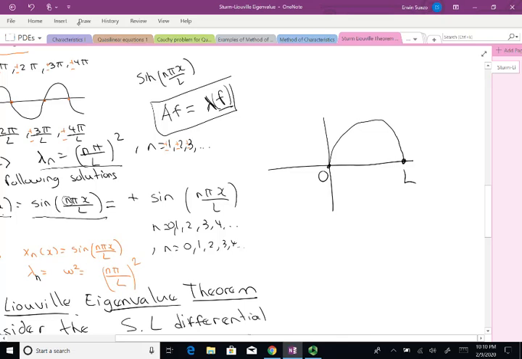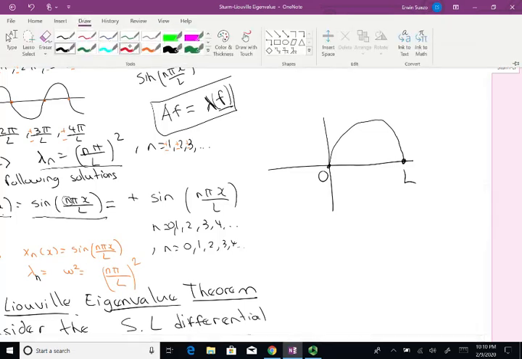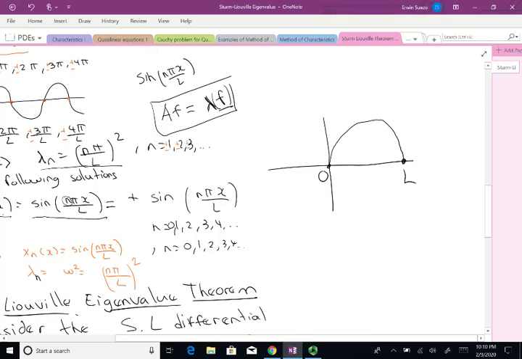This is my first eigenfunction, let's call it phi1. My next one is phi2, which has n minus 1 zeros, so it has 1 zero between 0 and L. It looks like I have zeros at the ends, but I'm saying between 0 and L. This is phi2.